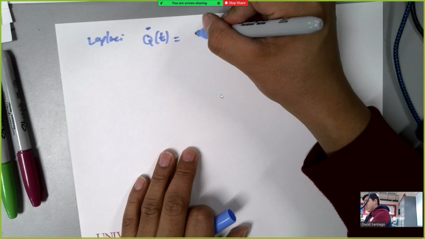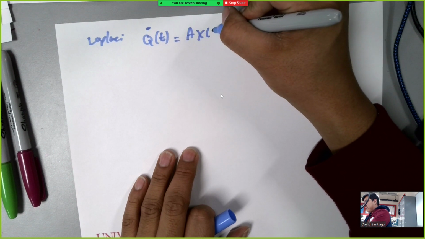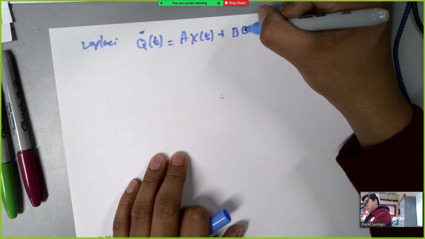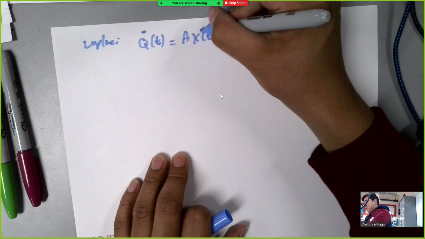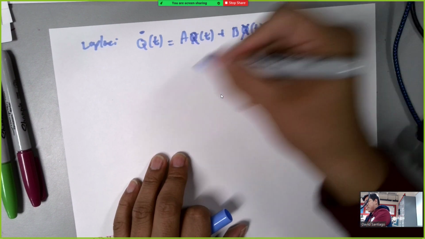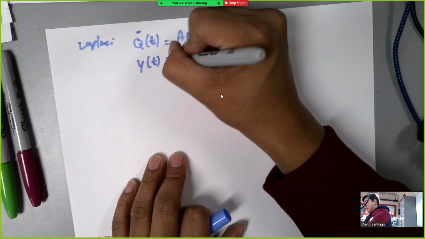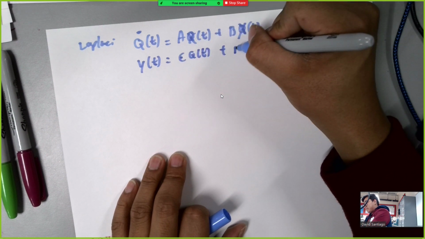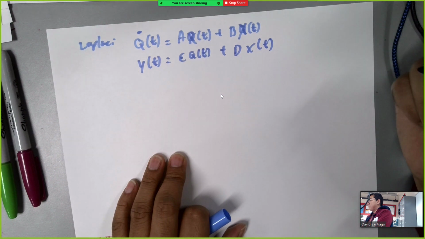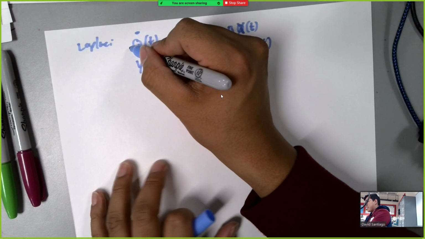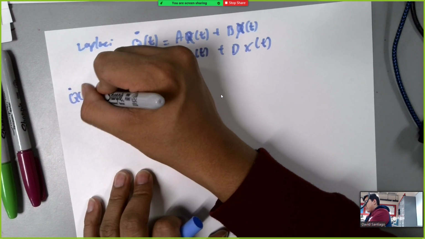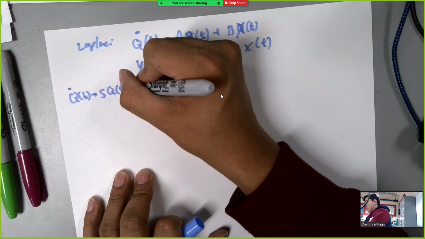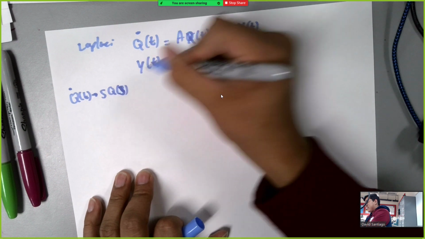It's equal to AQ of T plus BX of T. Then Y of T is equal to CQ of T plus DX of T. Remember that stuff? And we wanted to turn this Q of T into SQ of S. Remember that?